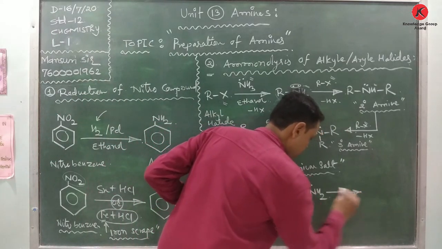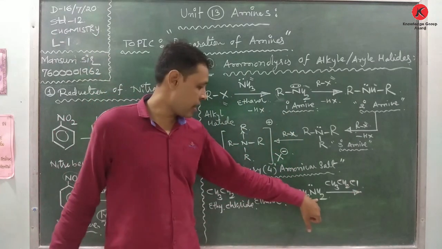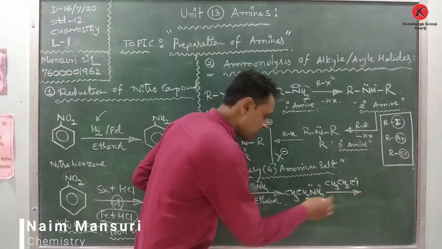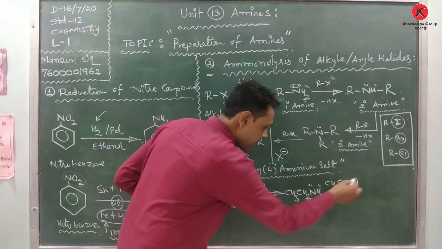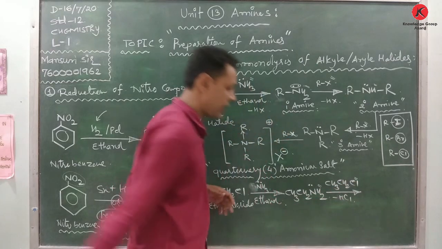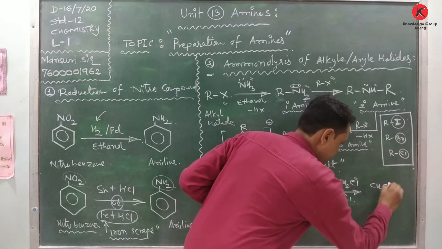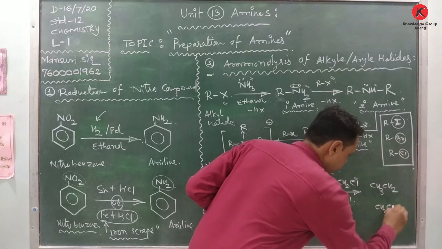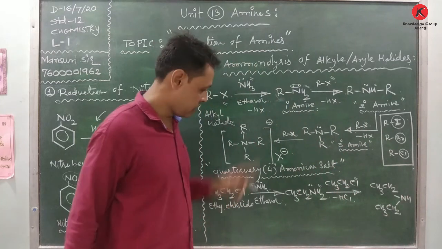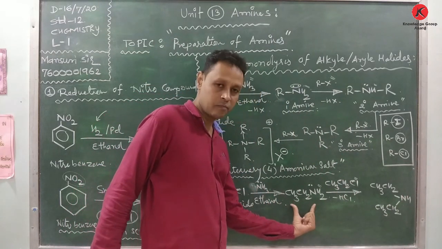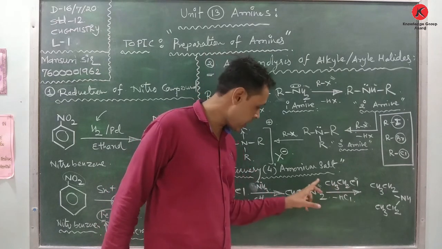Thereafter we will use excess amount of ethyl chloride. So when excess ethyl chloride reacts with ethanamine, then H and Cl will be removed. That is why diethylamine is formed. So here CH3CH2, CH3CH2, NH is formed. So we can say that ethanamine is also a nucleophile and reacts with this substrate, and HCl will be removed.